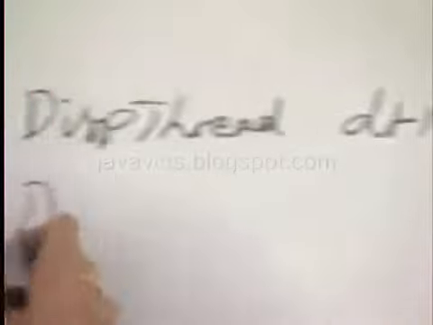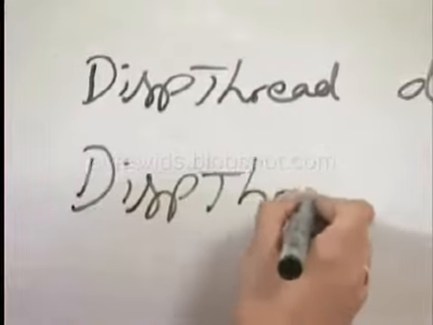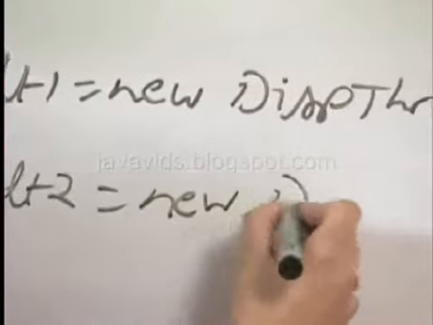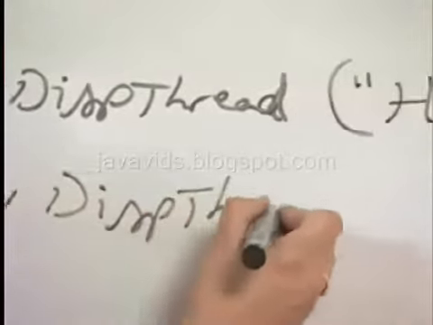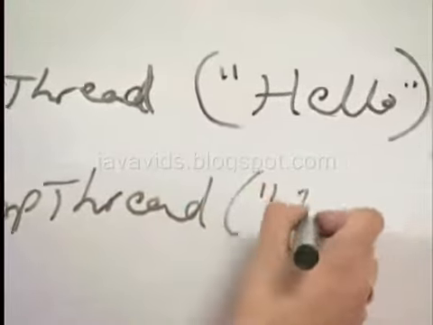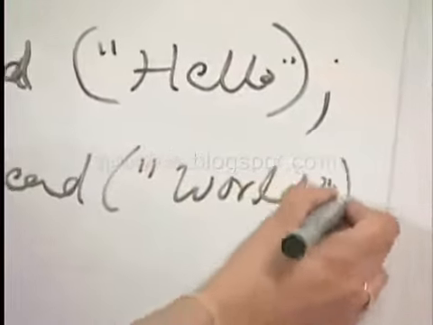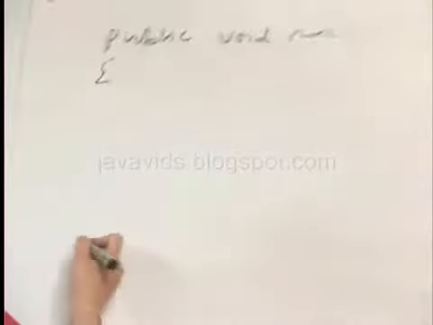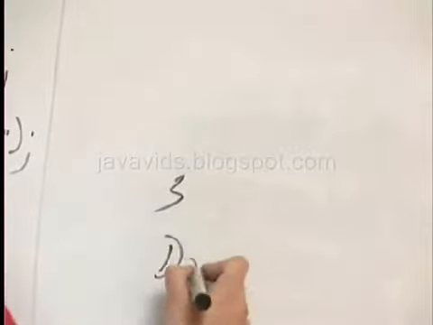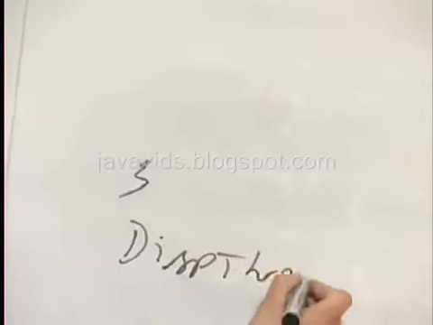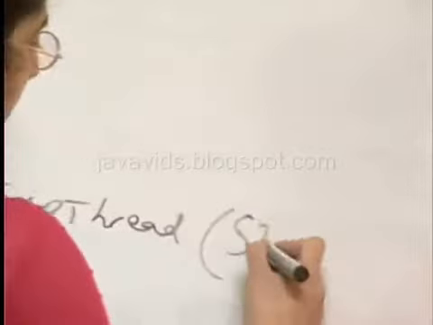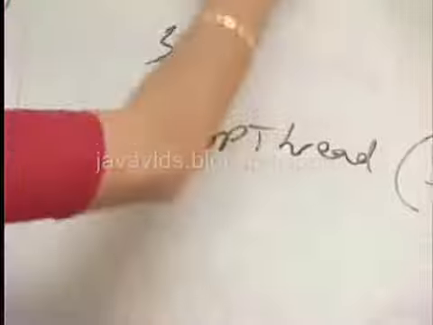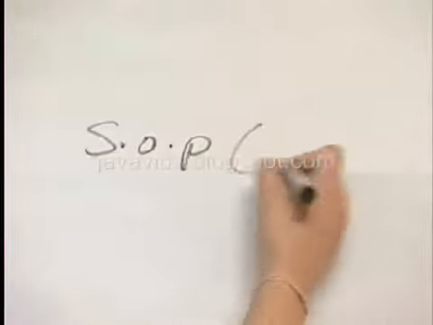And similarly, we will create another DispThread object, dt2 is equal to new DispThread which takes world, which means I need to have a constructor here which takes a String message which I need to display here.